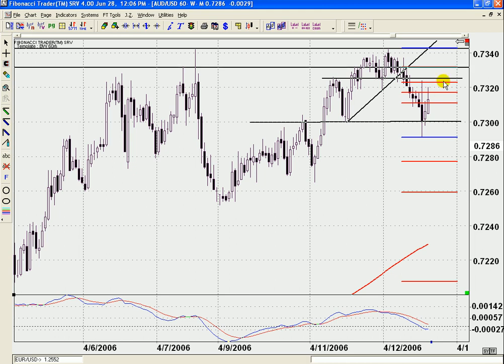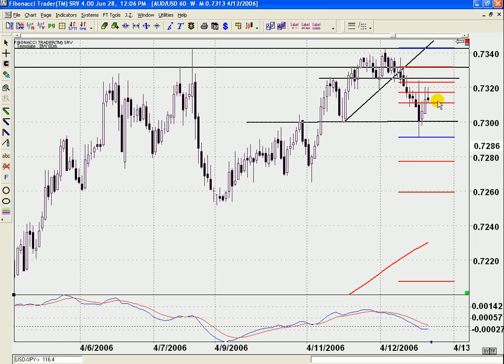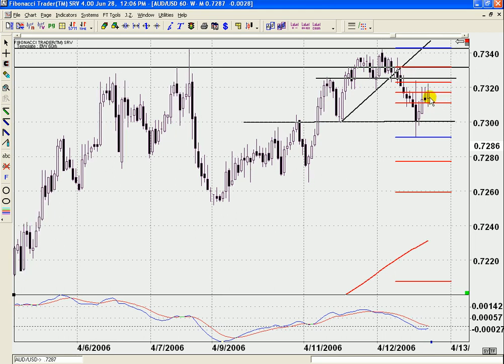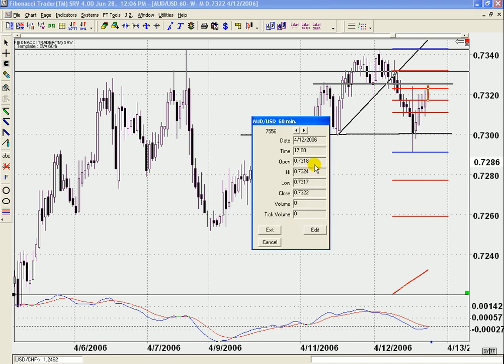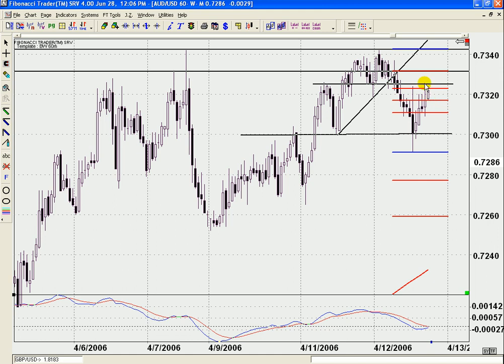I would make a trade anywhere between the 62 and the 79% retracement levels. And we've come up to the 62% retracement now. We are getting later in the session, which is good. So if it makes an attempt at the highs, it's unlikely to hold.